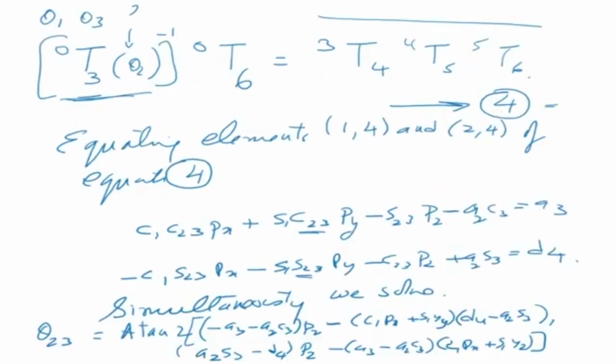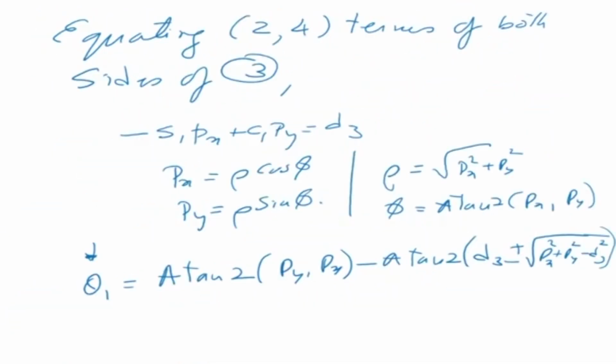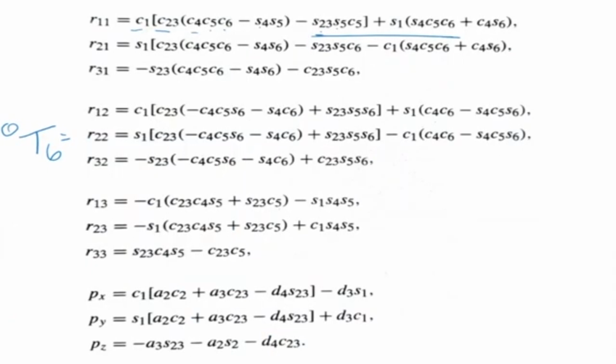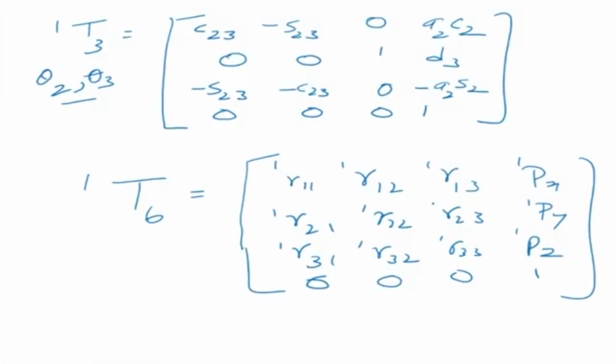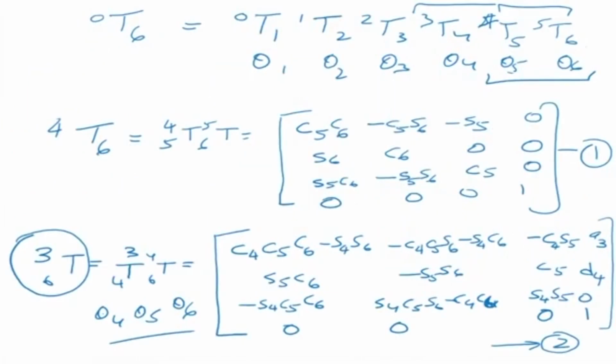So just to go back, we are equating the 1 3 elements and 3 3 elements of this. So what is 1 3, and on the right hand side we have this, right? If you go back, the 3 to 6 matrix we have just multiplied some time back, right at the beginning today. So this is the matrix we are looking at, the 3 to 6 matrix, which is on the right hand side.